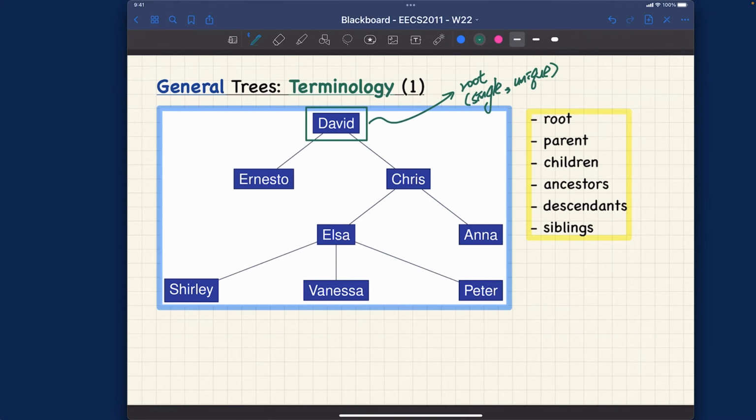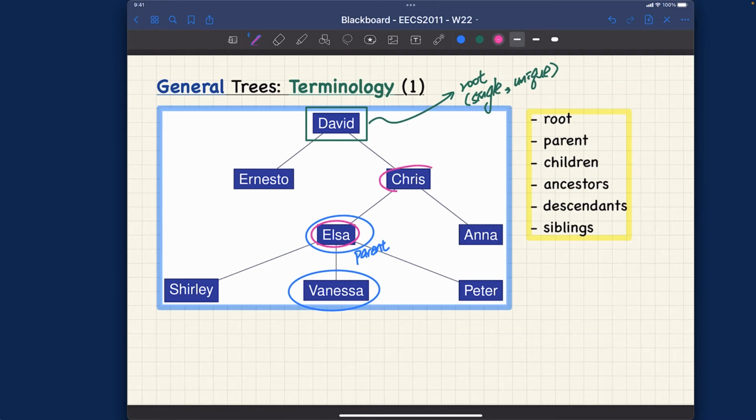Let's say I circle Vanessa, so Vanessa is the node we're talking about. In that case, Elsa will be Vanessa's parent. What if I fix Elsa instead? Who will be Elsa's parent in this case?